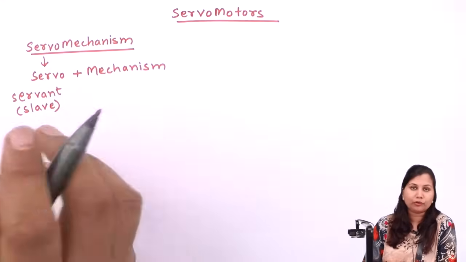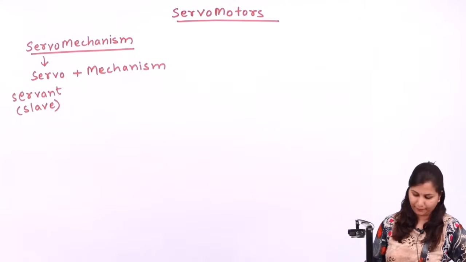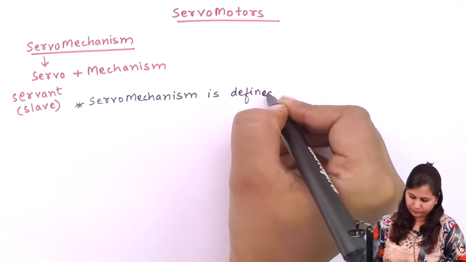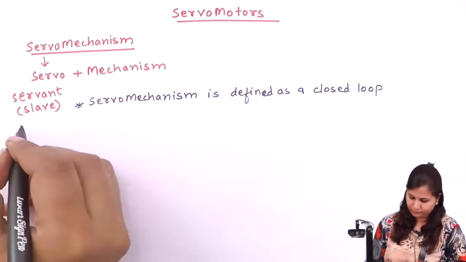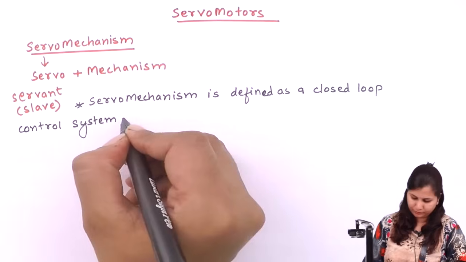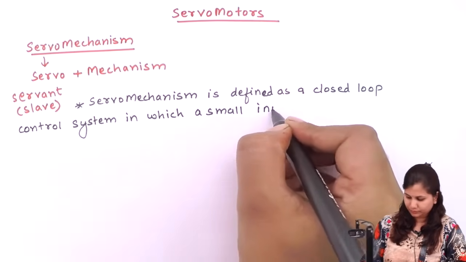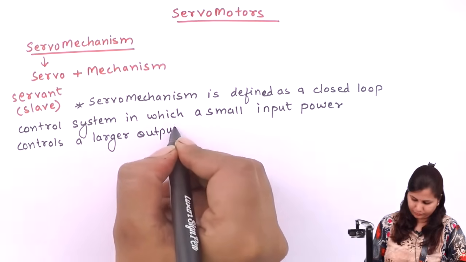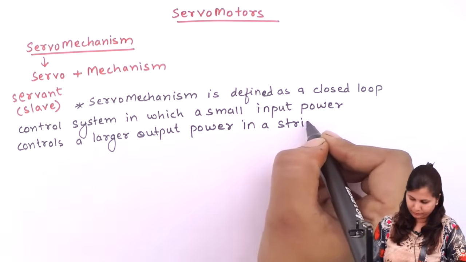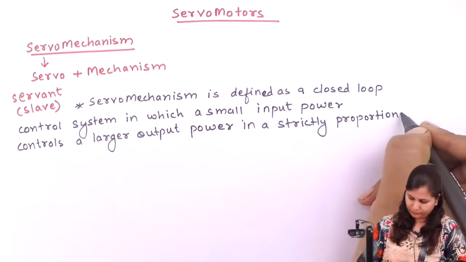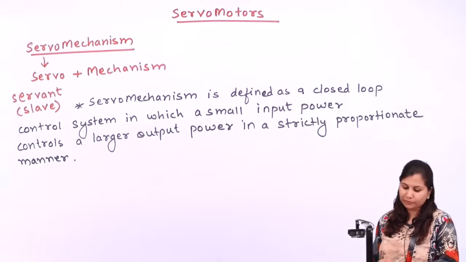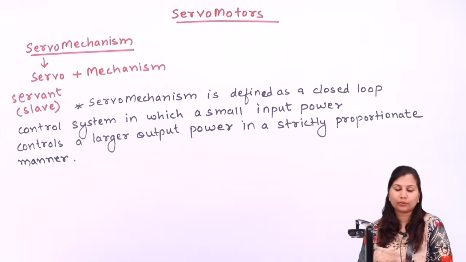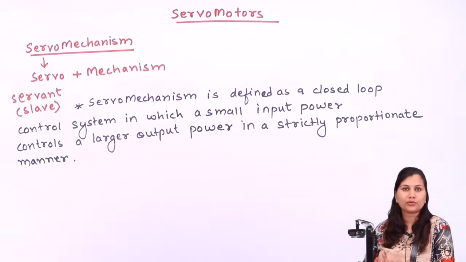So servo mechanism is defined as a closed loop control system in which a small input power controls a larger output power in a strictly proportionate manner.